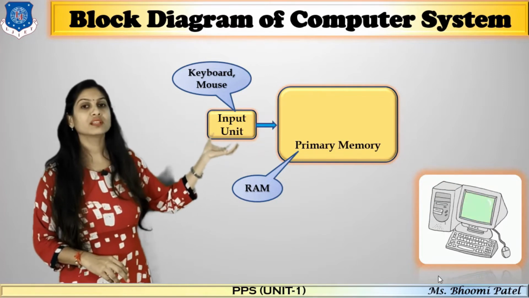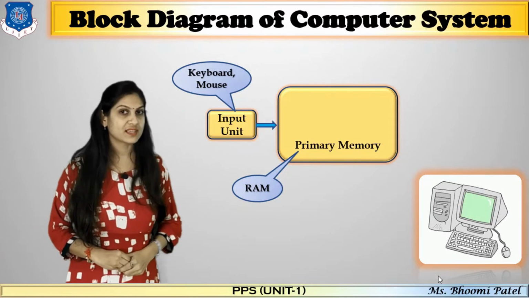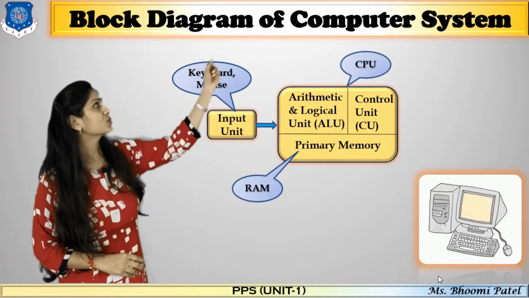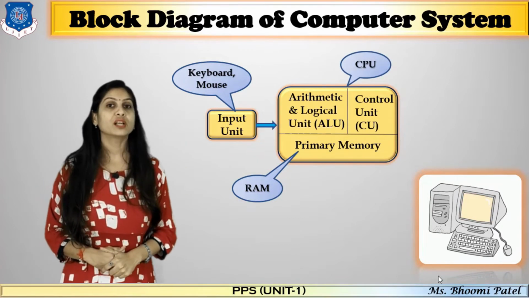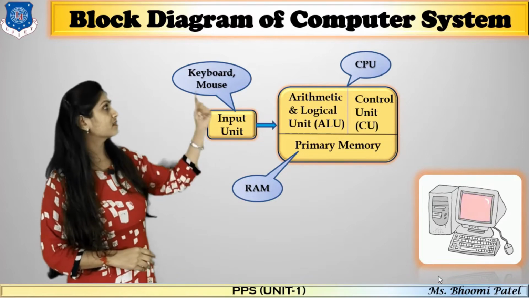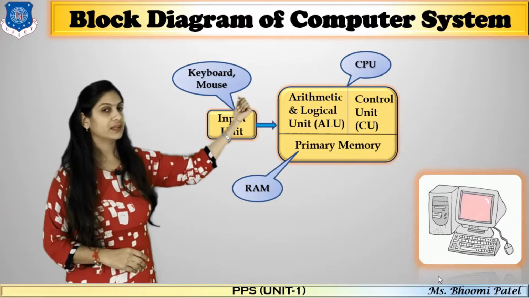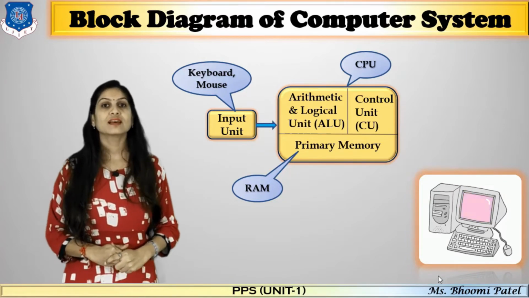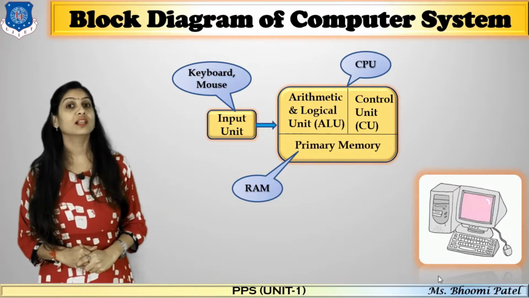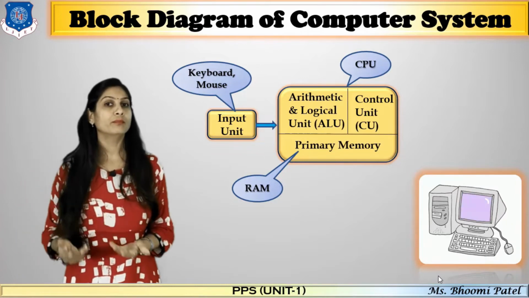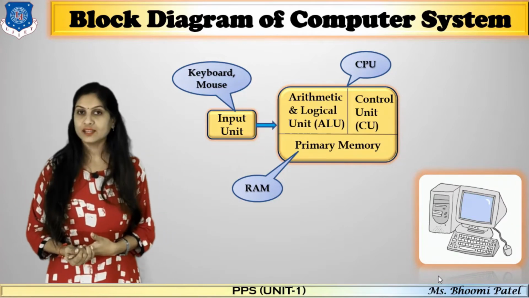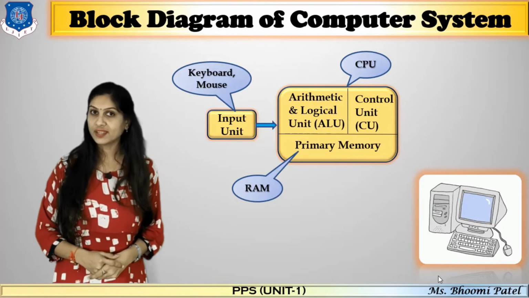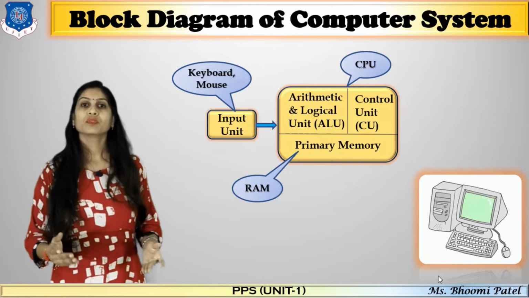Now, after storing the data, we have to process that data, and for that we are using the CPU. The full form of CPU is Central Processing Unit, which is the combination of these 2 parts, ALU and CU. The full form of ALU is Arithmetic and Logical Unit, which performs arithmetic operations like addition, subtraction, multiplication, and logical operations, meaning OR gate, NOT gate.